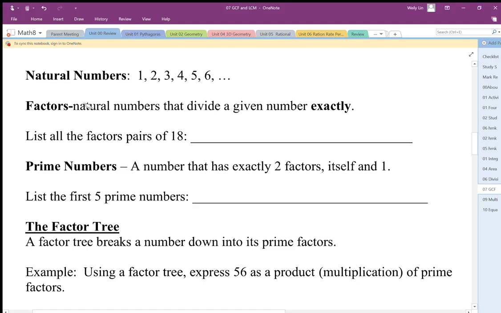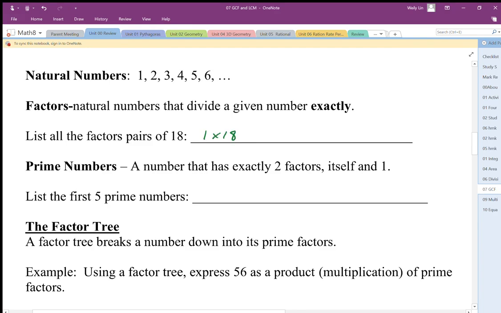We can define factors as natural numbers that divide evenly into a number. So they divide into a number exactly. When we divide a factor into a number, we end up with factor pairs. If we start with an area of 18, we can list the side lengths, starting with 1 times 18.